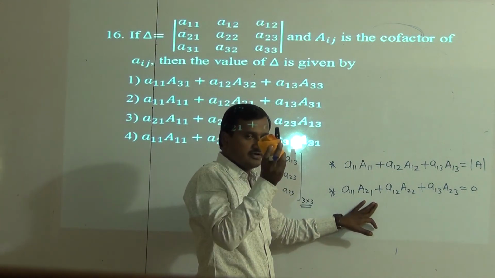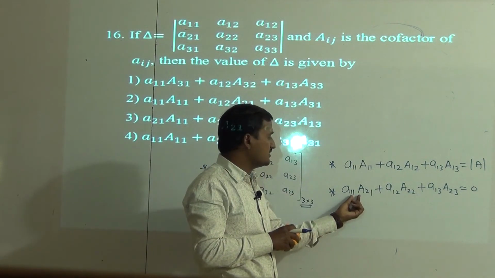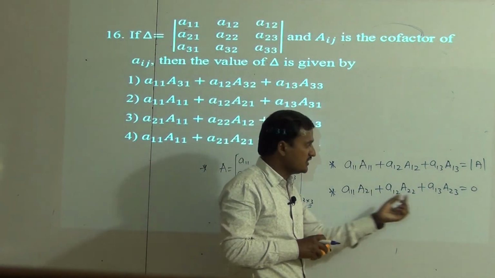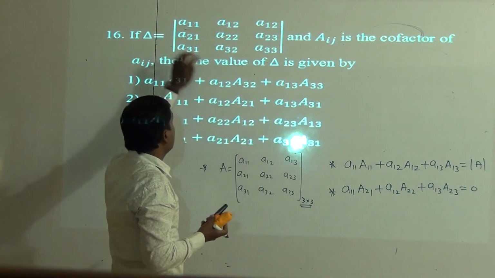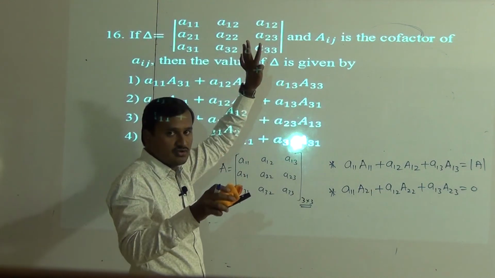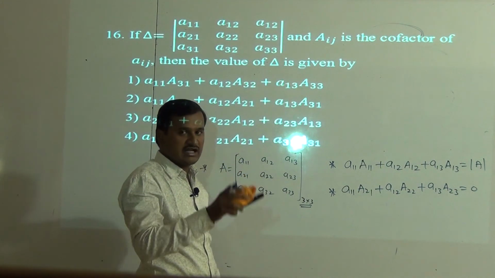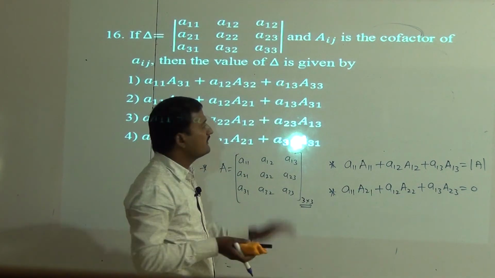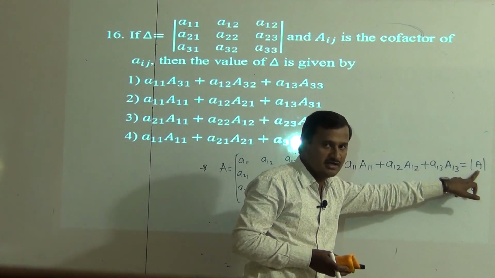If you take the elements of the first row with the cofactors of the second row, then you are getting 0. In the same way, the elements of the first, second, third row with the cofactors of the same row give the determinant of A.